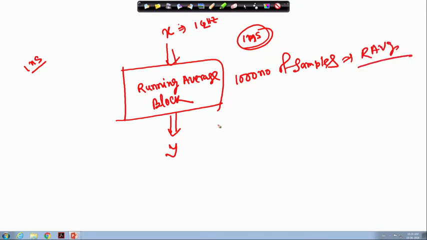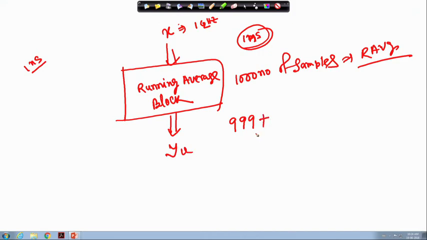So, how much time do I have to wait for all the samples to come to this particular circuit? There will be 999. That means after 999 I will get the output y.